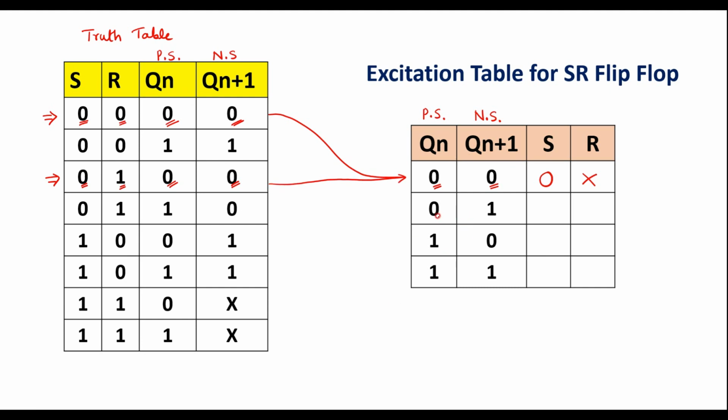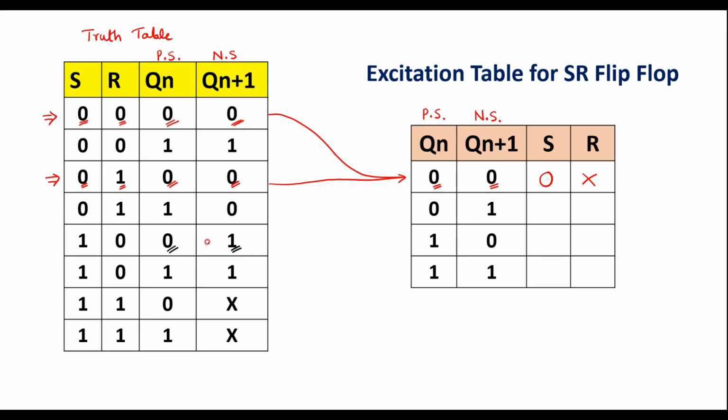Now let's see 0 and 1. The present state is 0, next state is 1. So for what values of S and R is the present state 0 and the next state 1? We'll see the similar condition in the truth table. So here we can see Qn is 0, that is present state is 0 and next state is 1.